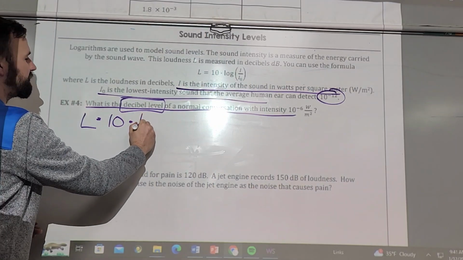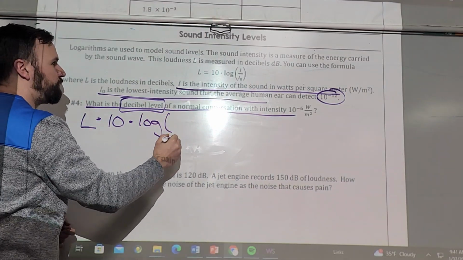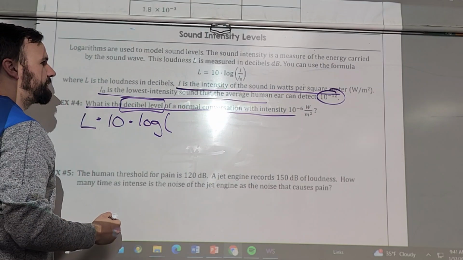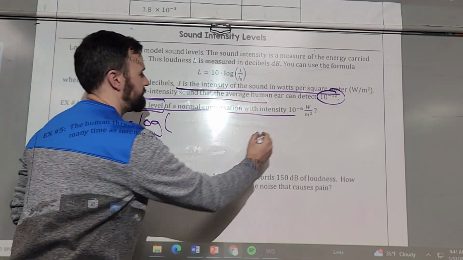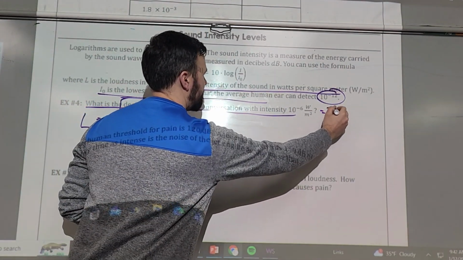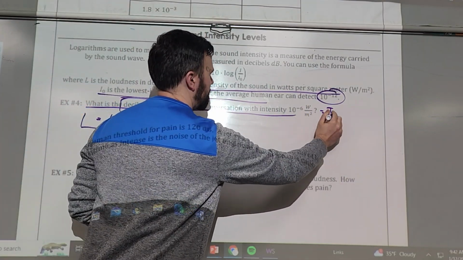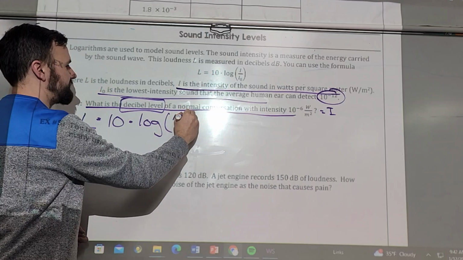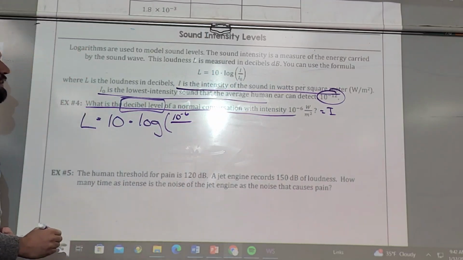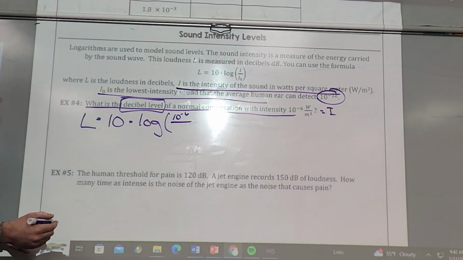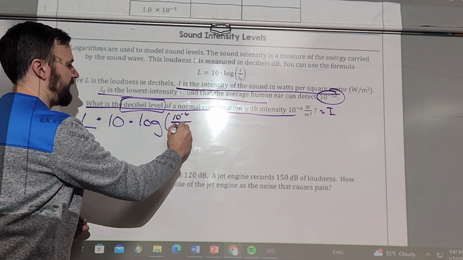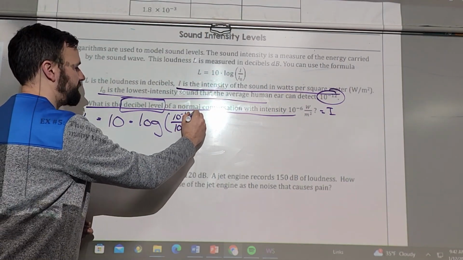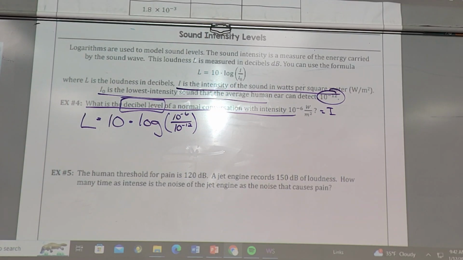I do 10 times log, and my intensity I is 10 to the negative 6. And my I₀ is 10 to the negative 12. All right, so far, so good.